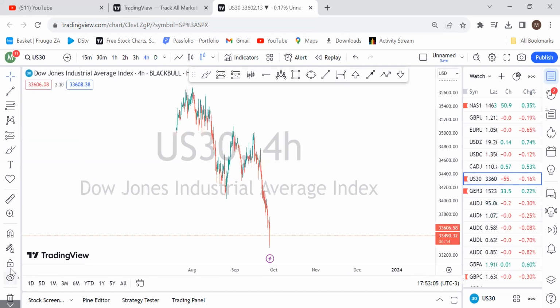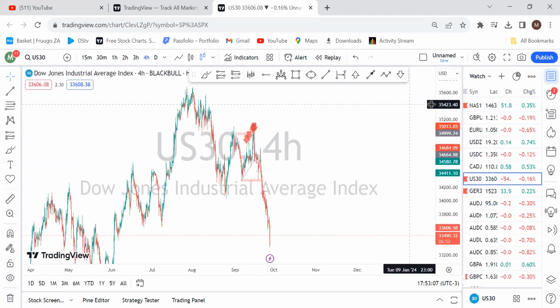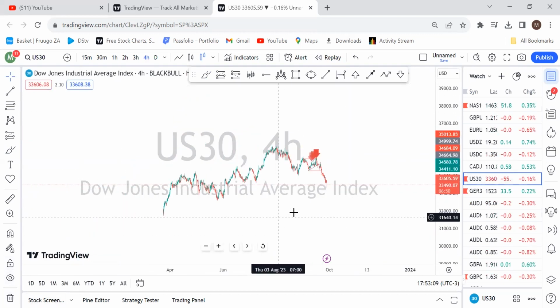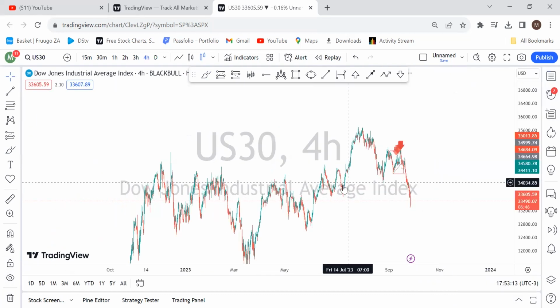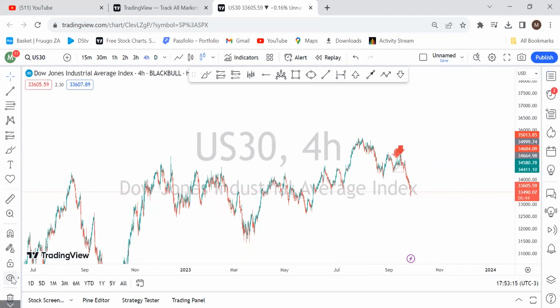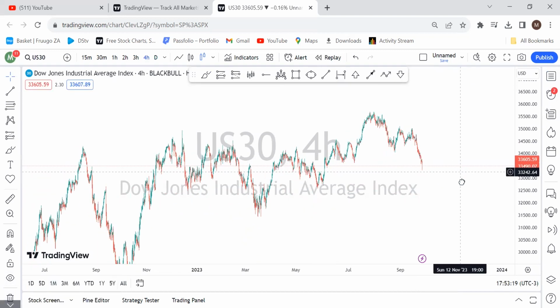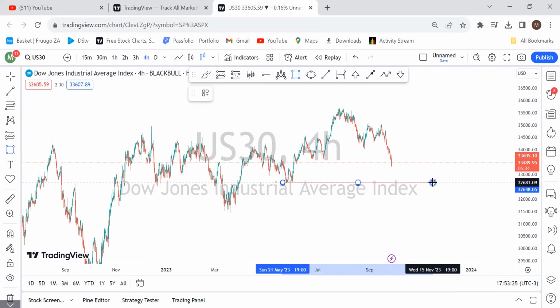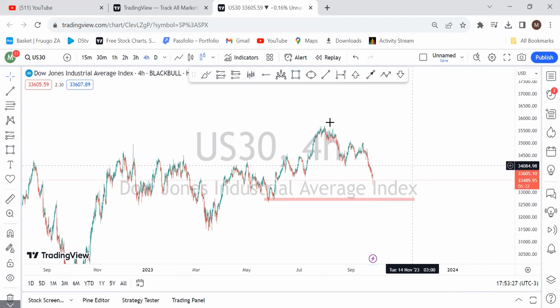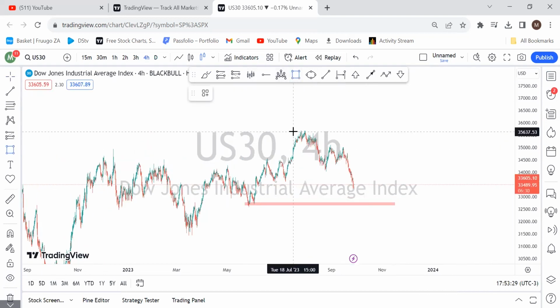And the next pair that they asked me to analyze is USDT. Okay, let me just erase everything that I already did. So you can see major support right here. And obviously you have your resistance.